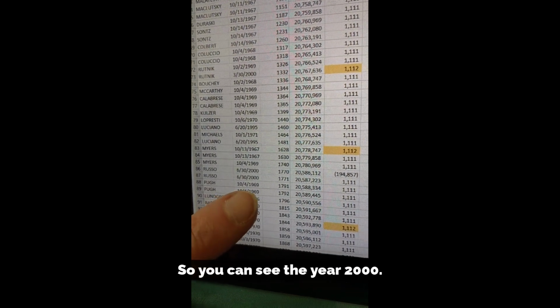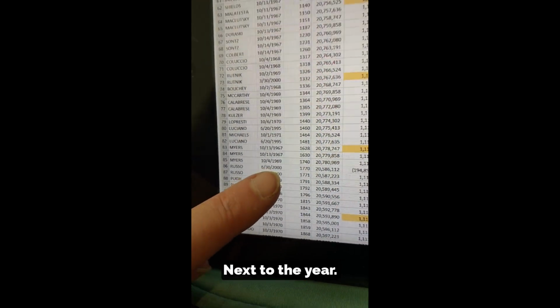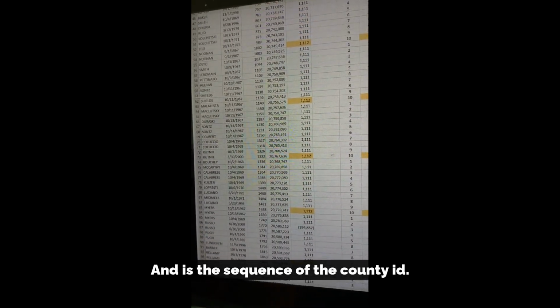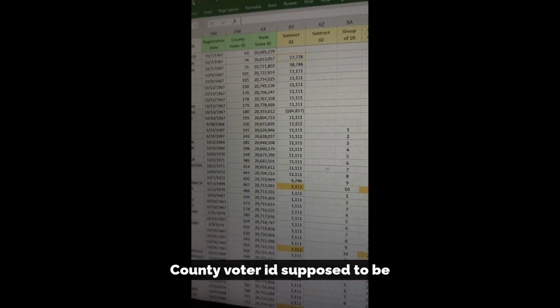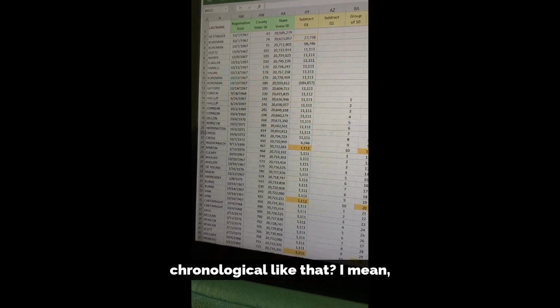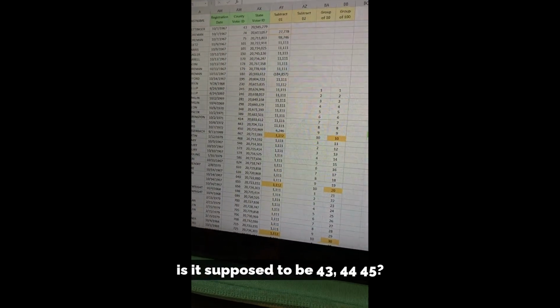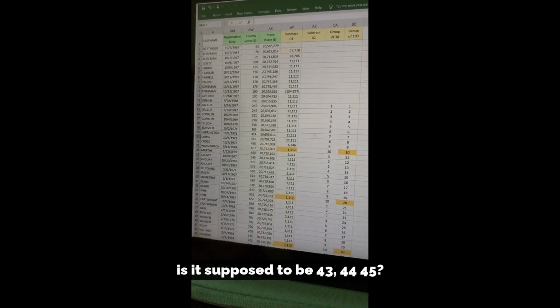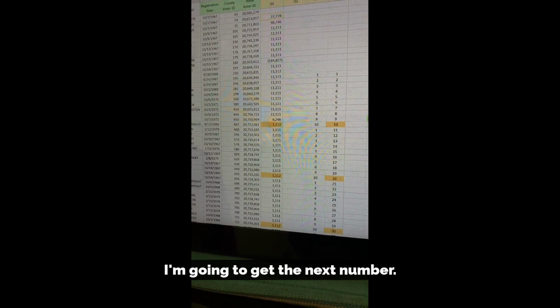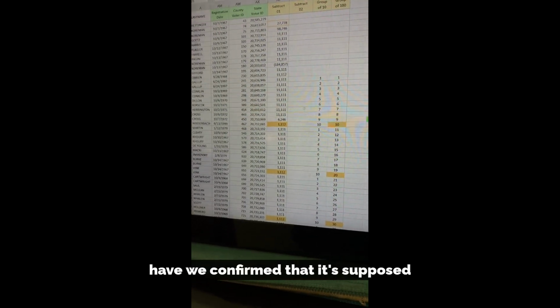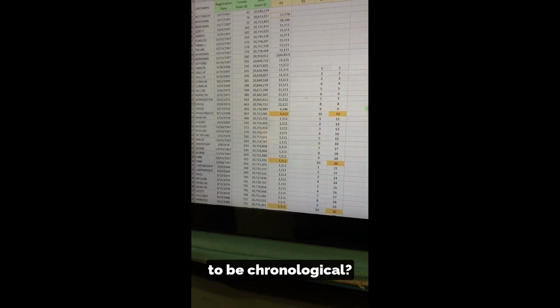So what you're saying is, you can see the year 2000 right next to the year 99. And is the sequence of the county voter ID supposed to be chronological like that? I mean, is it supposed to be 43, 44, 45? Well, you would think if I register after you, I'm going to get the next number. But have we confirmed that it's supposed to be chronological?